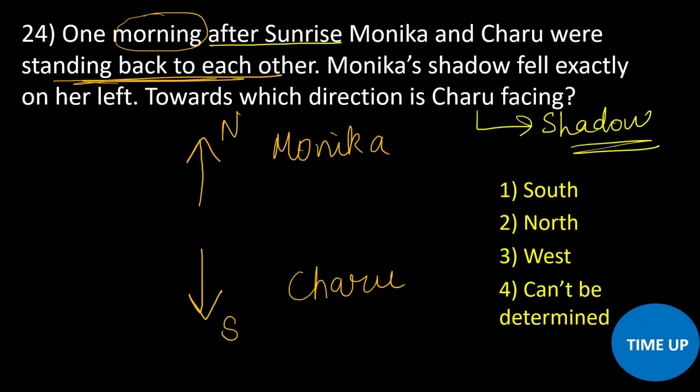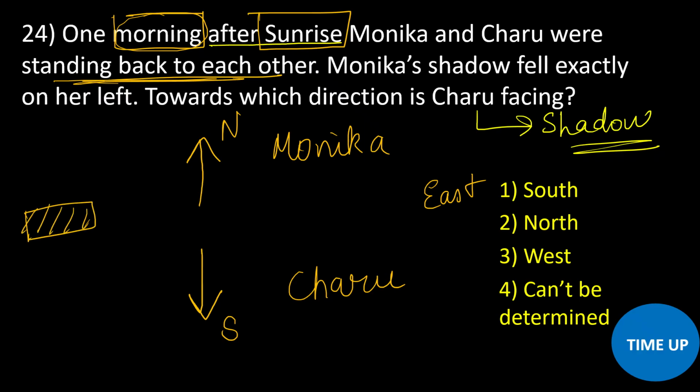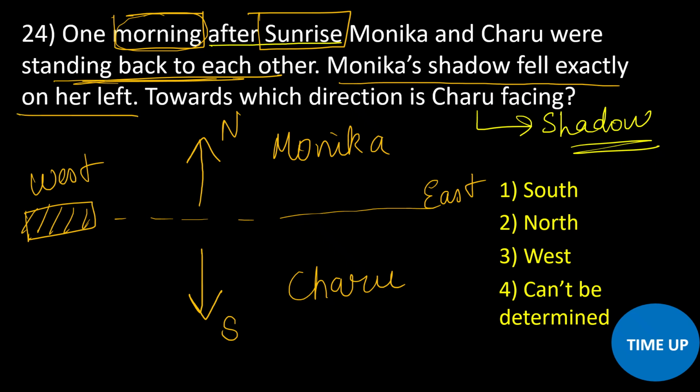Now you see the timing, morning is given, sunrise is given. So the sun rises in the east, so its shadow will be at the west, correct. So Monica's shadow fell exactly on her left.